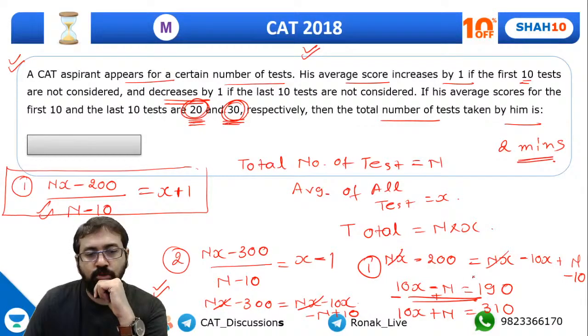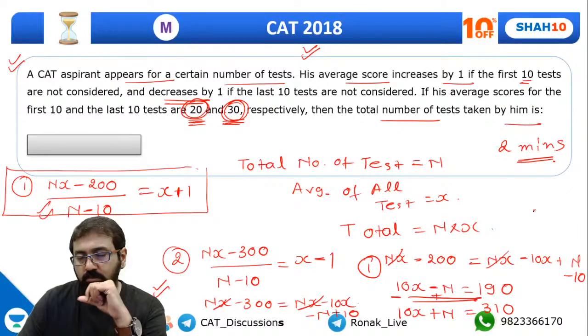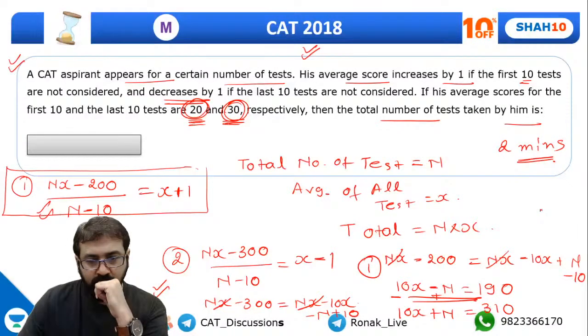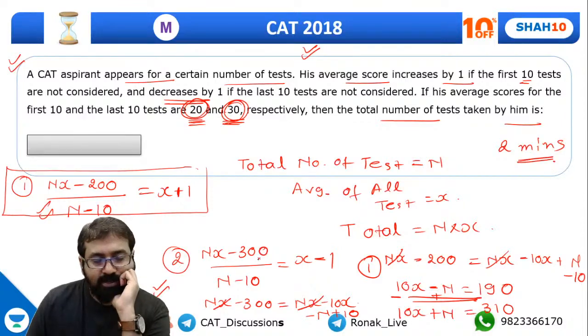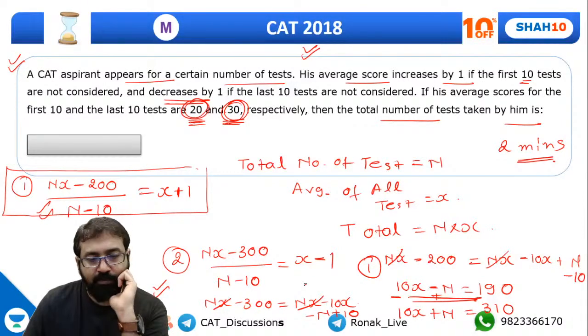So this will come out to be nx minus 300 upon n minus 10 is equal to x minus 1. So nx minus 300 is equal to nx minus 10x minus n plus 10, correct?